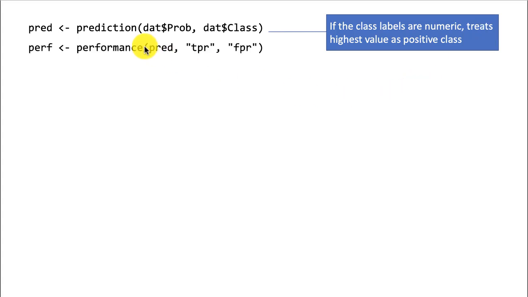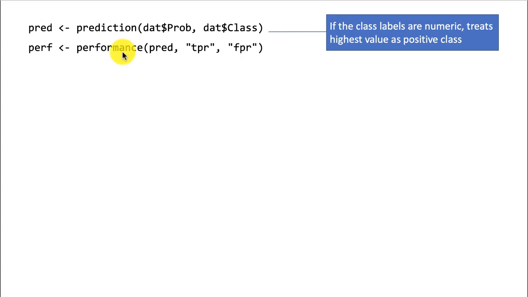Once you have created the prediction object, there's no need for us to go any further into this particular function. You call the prediction function, you pass the probability as the first argument and the actual class as the second argument, and it'll generate the prediction object. You don't need to worry about what the prediction object contains.